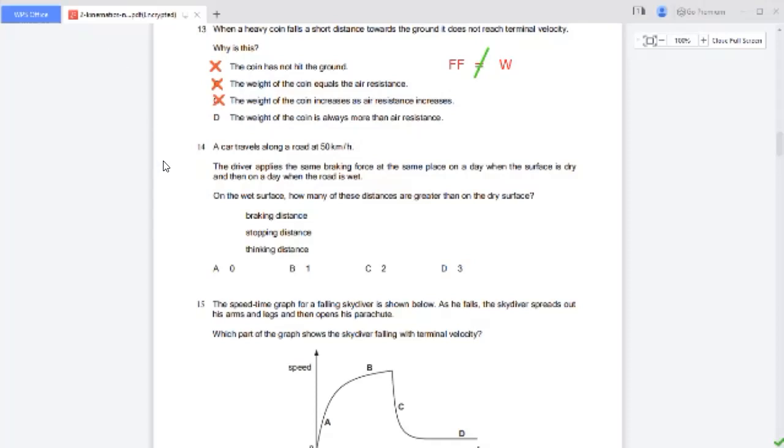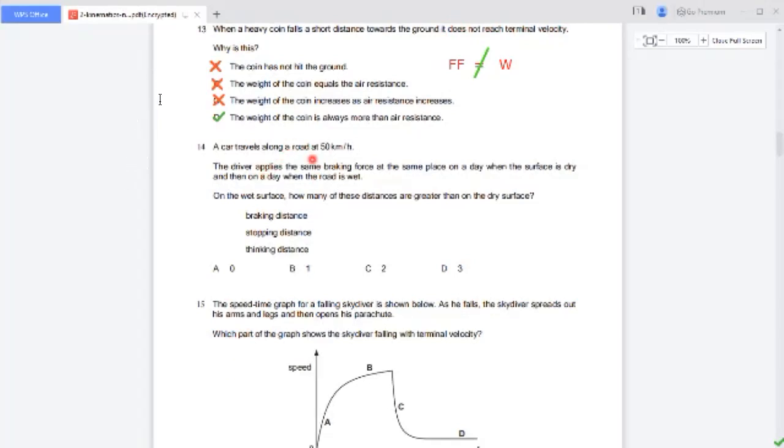False. So the weight of the coin is always more than air resistance. Yes. If weight is greater than friction force or air resistance, then we would be lacking terminal velocity. So we would not say that we have achieved terminal velocity. So for terminal velocity, friction force and weight must be equal.